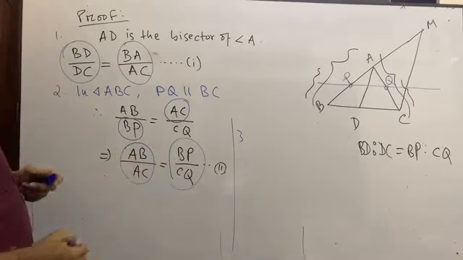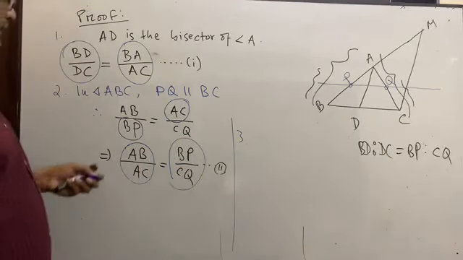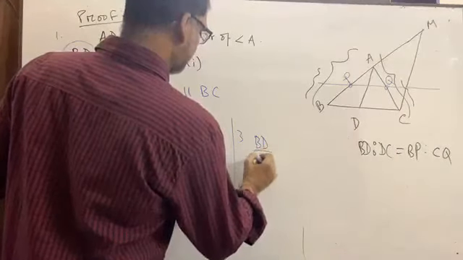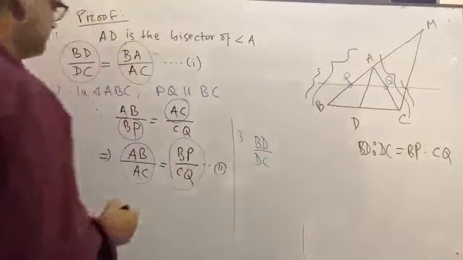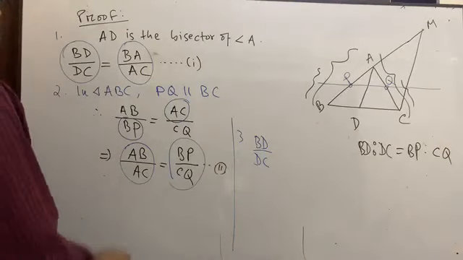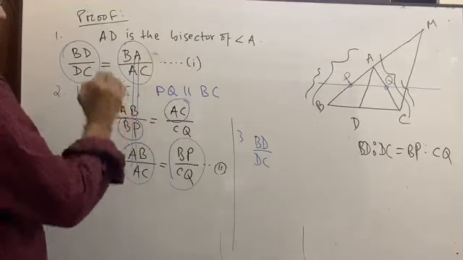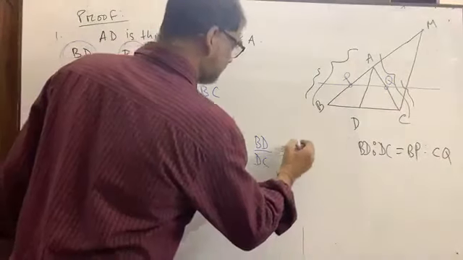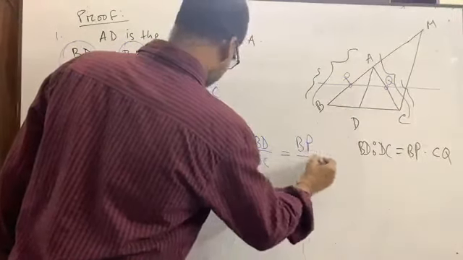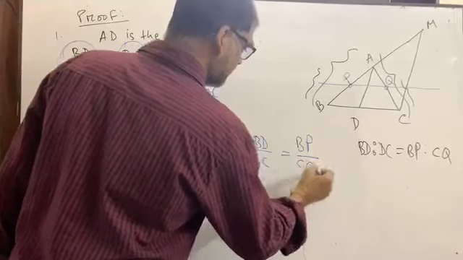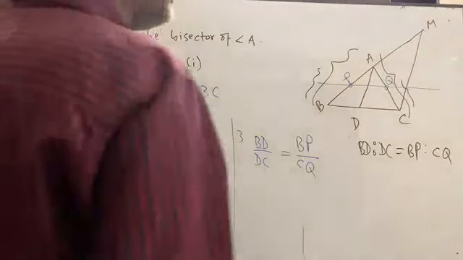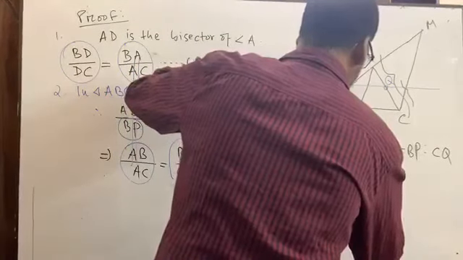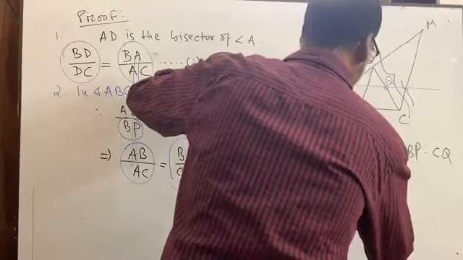So from 1 and 2 we can write BD by DC is equal to BP by CQ, as written depending on equations 1 and 2.